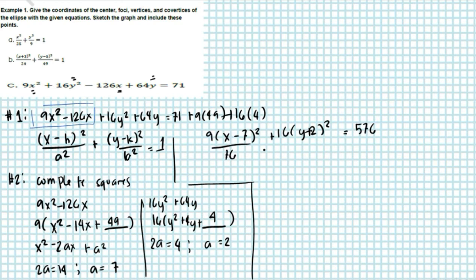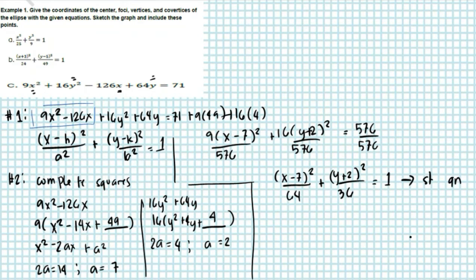So, divide natin both sides ng 576. Makukuha natin yung standard equation na. So, x minus 7 squared over 576 divided by 9 is equal to 64, plus y plus 2 squared over 576 divided by 16, so 36, is equal to 1. So, this is our standard equation.